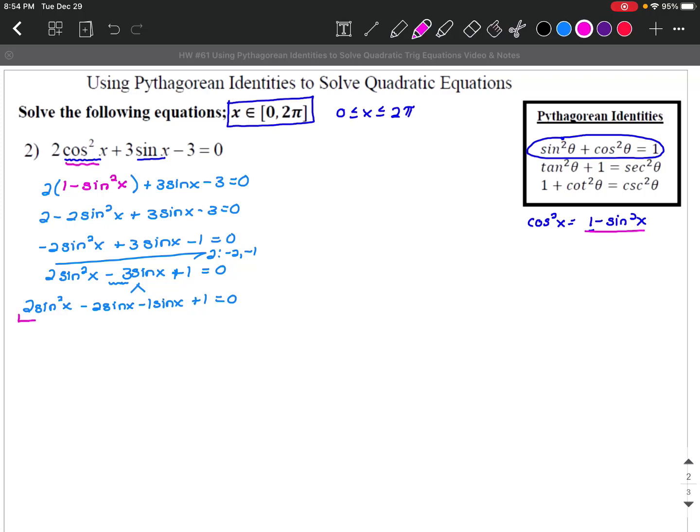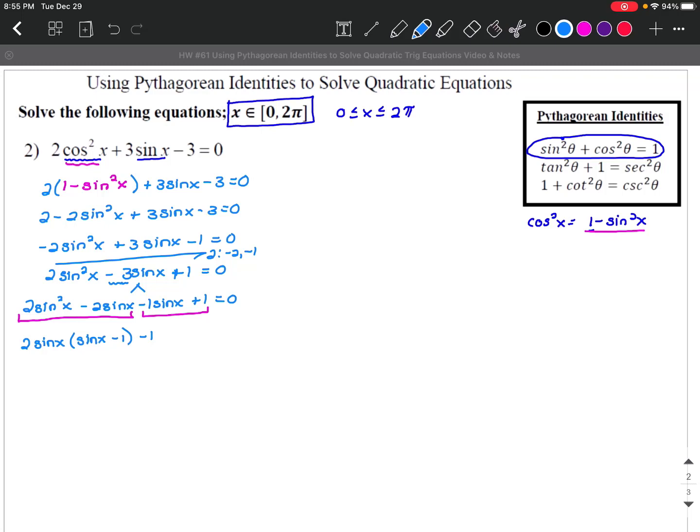Now we're going to separate this into two groups. If we look at the first group, they have a 2 and a sine x in common. That'll leave us with a sine x minus 1. Then if you look at the last part, they have a negative 1 in common.